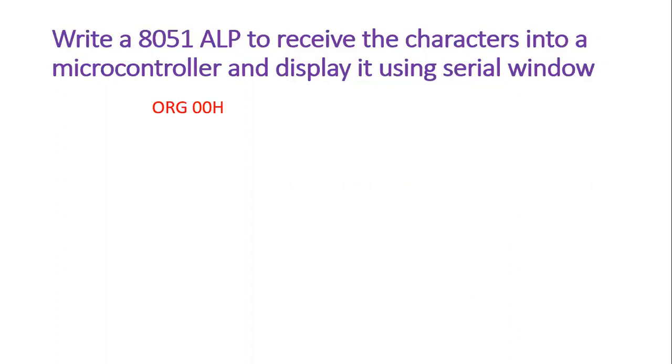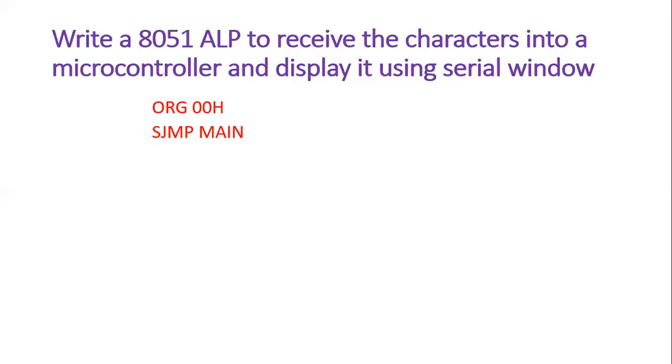We start with the assembler directive ORG 00H, which tells the microcontroller where to start storing the program code. So we start from 00 and immediately bypass the interrupt vector table by using a jump statement.